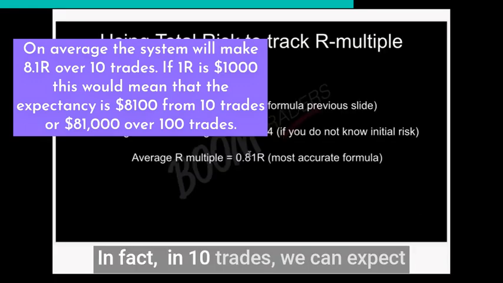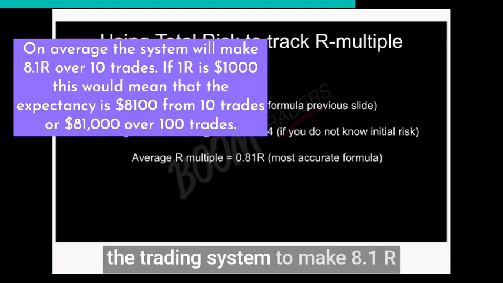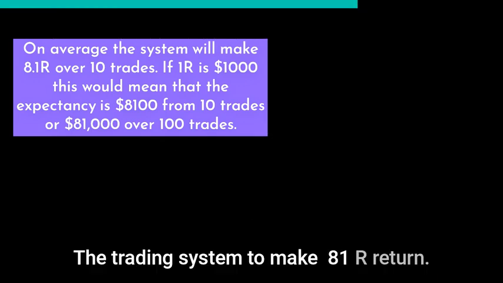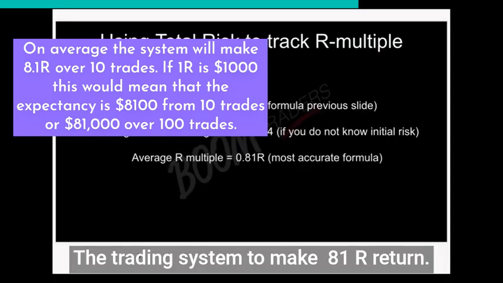In fact, in 10 trades, we can expect the trading system to make 8.1 R. And in 100 trades, we can expect the trading system to make 81 R return.